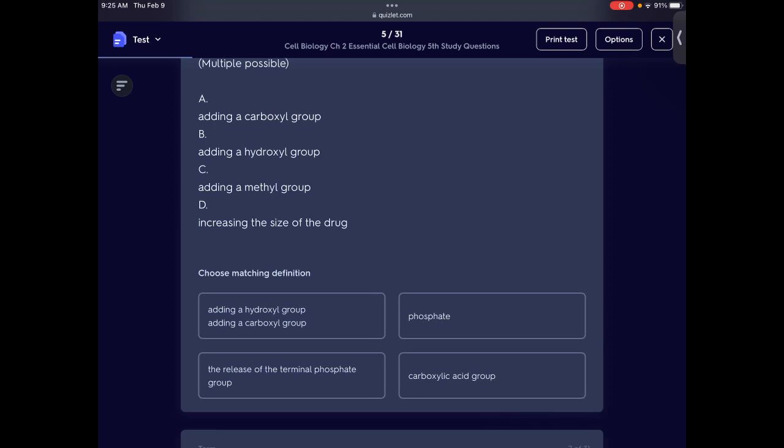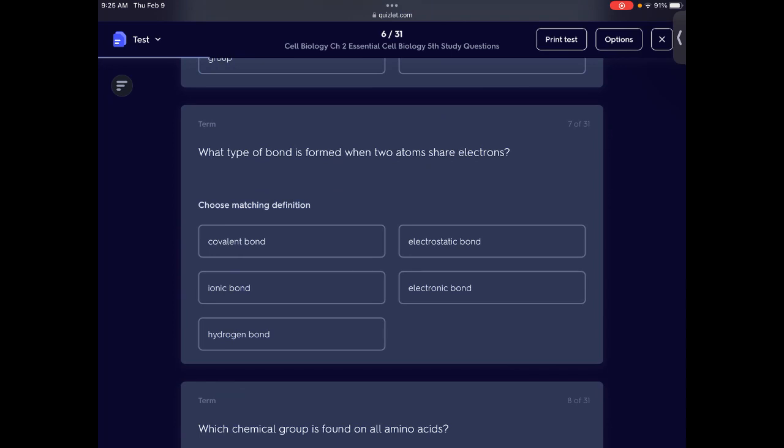Hydroxyl, maybe. Let's go with adding a hydroxyl, because that's a polar group. So is a carboxyl group, that's like a carboxylic acid. So let's pick those. You have those good oxygens there that have really nice electronegativity, so they draw electrons unequally to themselves. That creates a partial negative and a partial positive to whatever they're binding to.